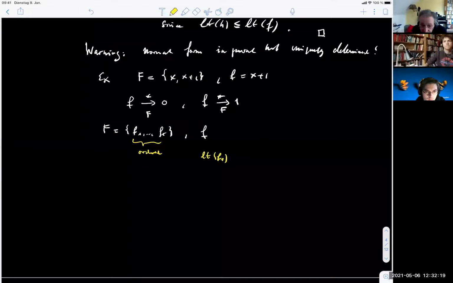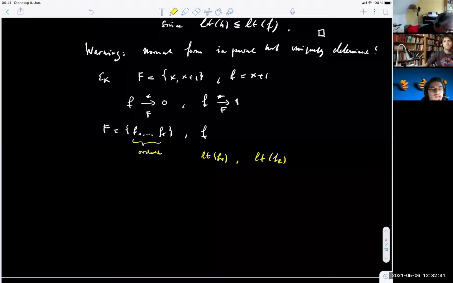So I take the largest term which is divided by it, if there is one, and I kill that. And if this doesn't work, only then I try with the leading term of F2, first with the largest, etc. And if nothing works, I have a normal form.